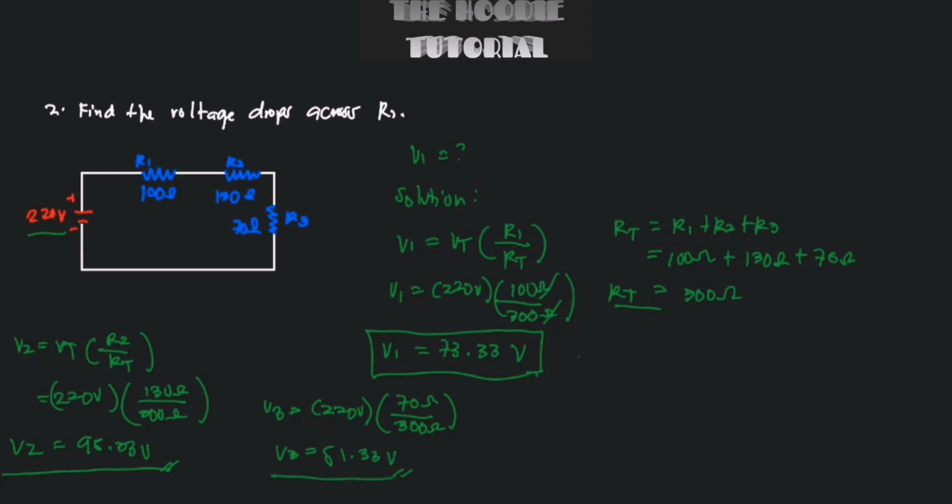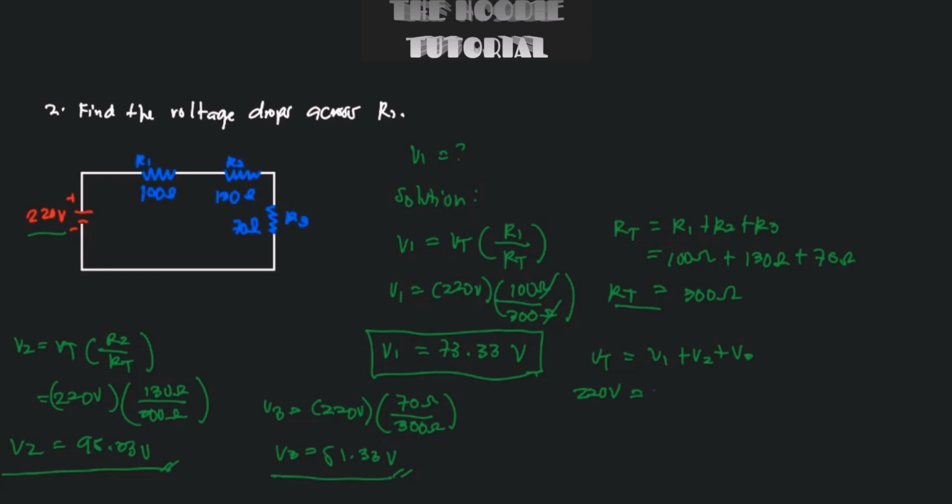So let's check if we have a correct answer for V1. VT is equal to V1 plus V2 plus V3. Our VT is 220 volts.